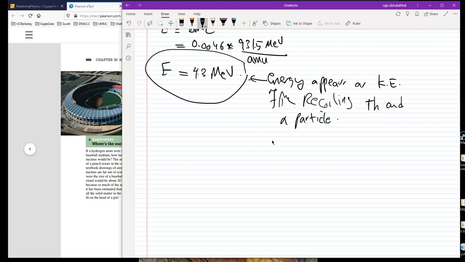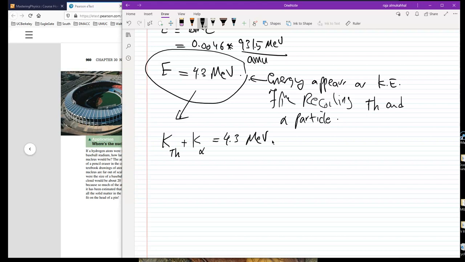Now the thing is, in other words, this energy here, if I take the kinetic energy of the thorium plus the kinetic energy of the alpha particle, the sum would be 4.3 mega electron volt. So which one do you think is taken up more? Do you think the thorium would have more kinetic energy than the alpha, or the alpha more than the thorium?